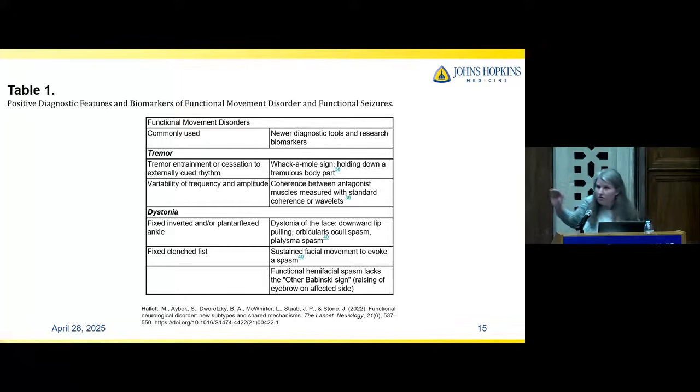So I'm not going to go through this line by line, but I included it just to point out that, as you can see, some of the features that I was talking about, the entrainment, variability, those are things that are pretty regularly looked at and looked for. And then there's some newer ones that are emerging as being really helpful. The whack-a-mole sign is one that our movement disorders colleagues have shown me many, many times as being a helpful positive rule-in feature.